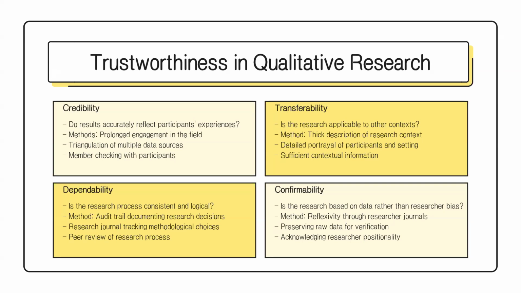Dependability means the process is consistent, ensured by an audit trail and peer review. Confirmability means findings are based on data, helped by reflexivity.